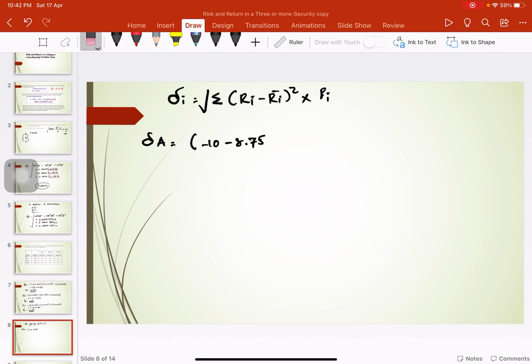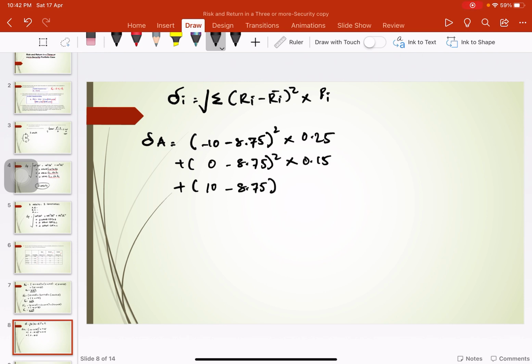This video is going to be a little bit long lah, panjang sikit sebab nak tunjuk all the calculation ni. So times with the Pi 0.25, and then plus number 2, 0 minus 8.75 square, times with 0.15, plus 10 minus 8.75 square times 0.25. 8.75 tu expected return kita kira yang mula-mula tadi.